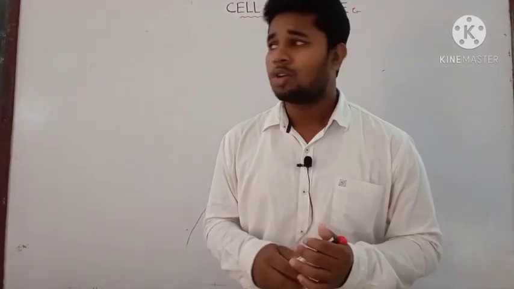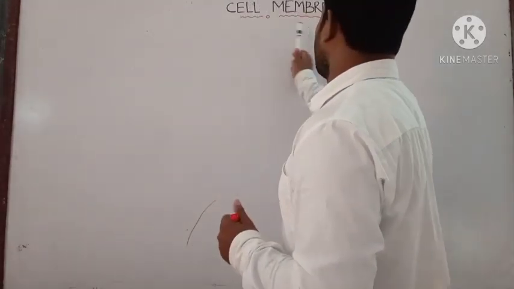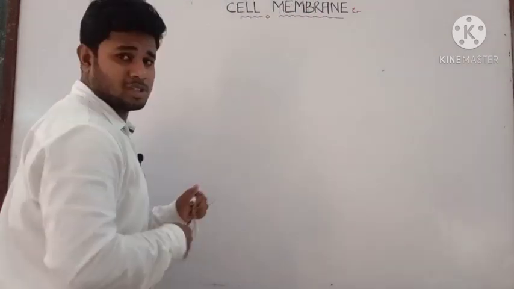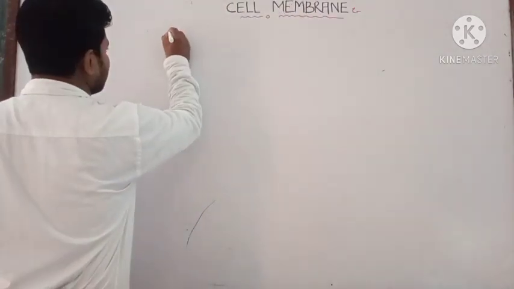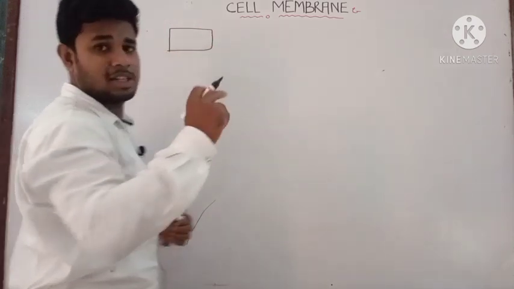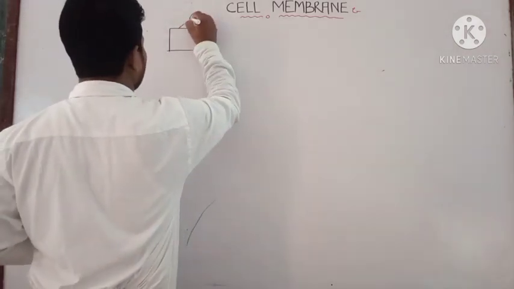Today we are going to study the structure of the cell membrane. Where is it present? Suppose this is your cell. This is the outer covering we discussed in the previous class, your cell wall.